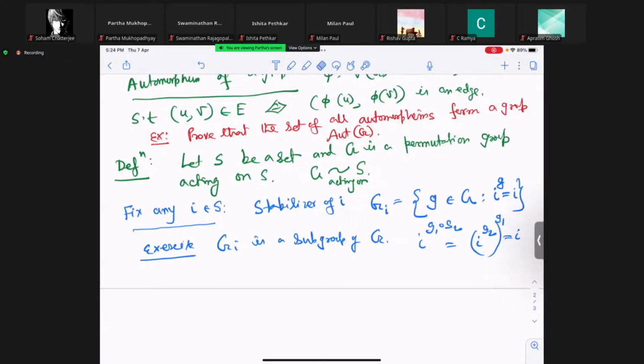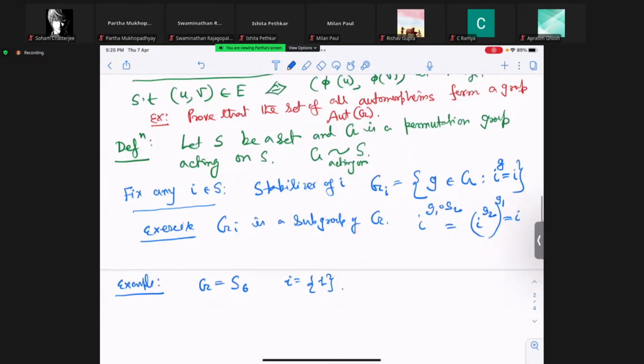For example, let's take the symmetric group on 6 elements, and let i equal 1. Then what is G_1? G_1 is the set of permutations that map 1 to 1.